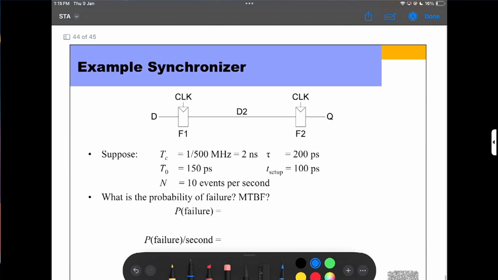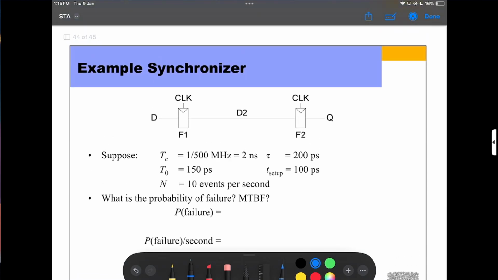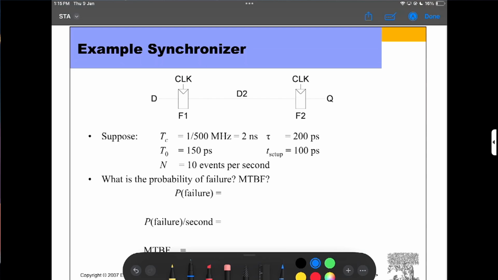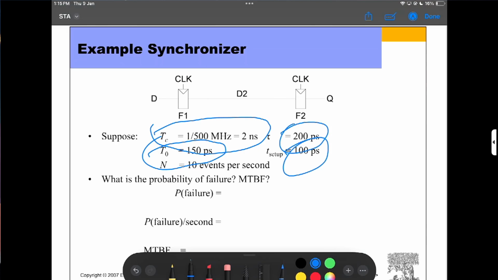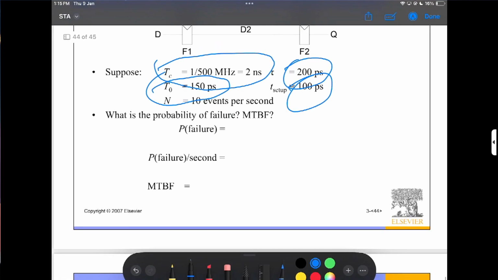So, example synchronizer. Suppose my Tc is 2 nanosecond, and T naught is 150 picosecond, and n equals 10 events per second. And tau is 200 picosecond, and T setup equals 100 picosecond.